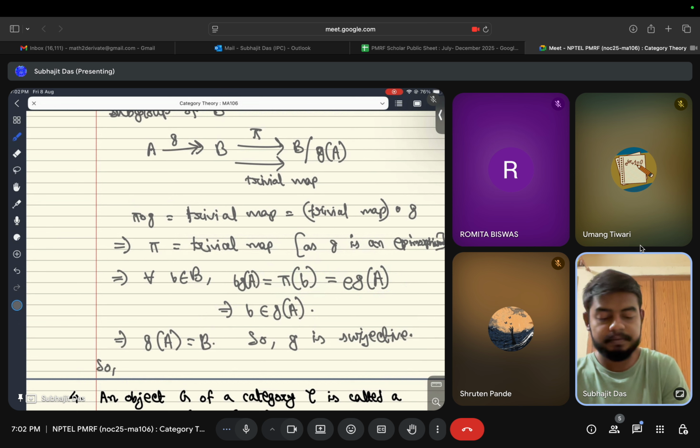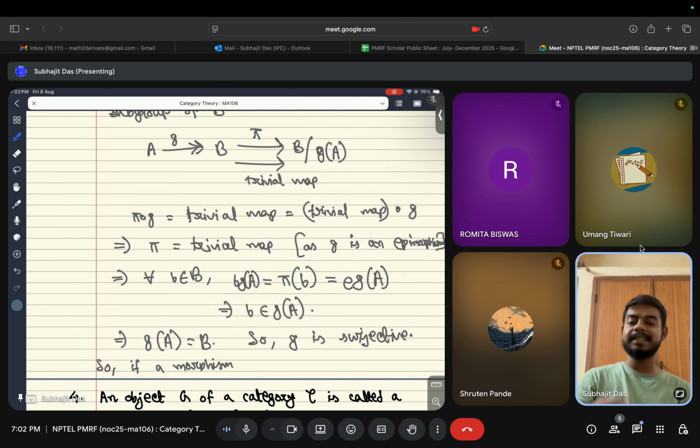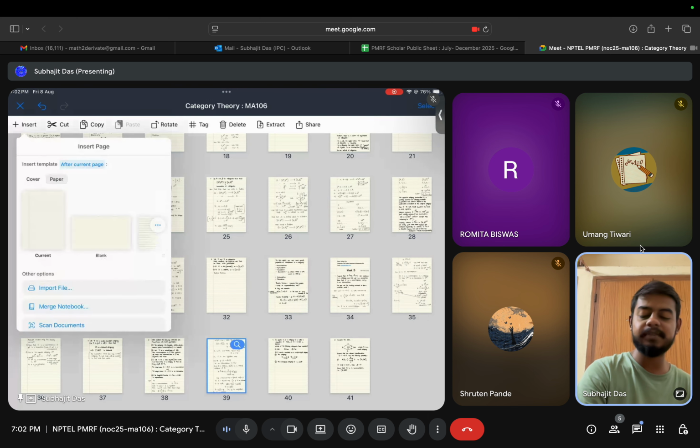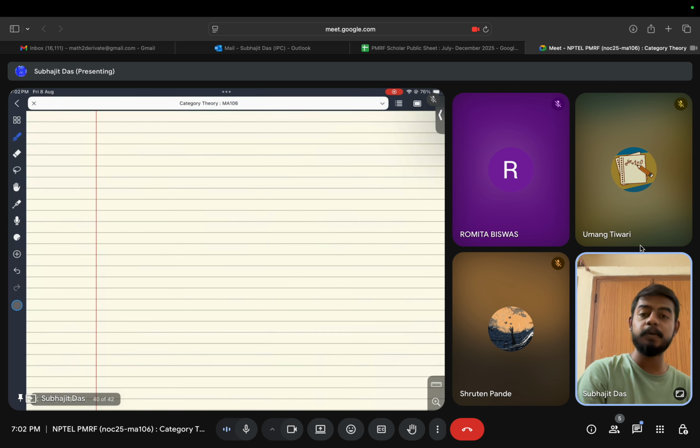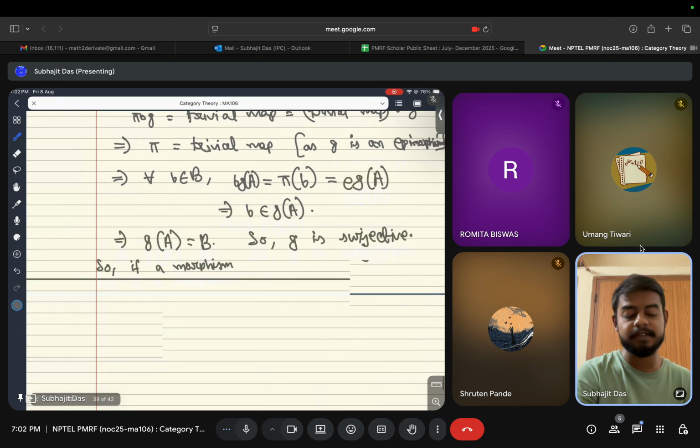So if a morphism is a monomorphism in AB, we have proved that it's an injective map. If a morphism is an epimorphism in AB, we have proved that it's a surjective map. So if a morphism is both a monomorphism as well as an epimorphism in AB, that means it's both injective and surjective, which means that it's bijective, which means that it's a bijective homomorphism, which means that it's an isomorphism.